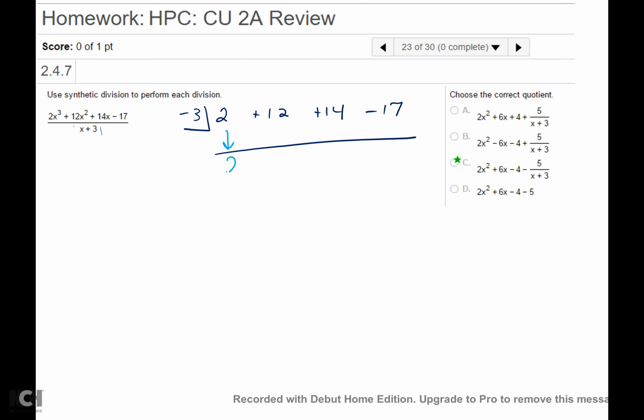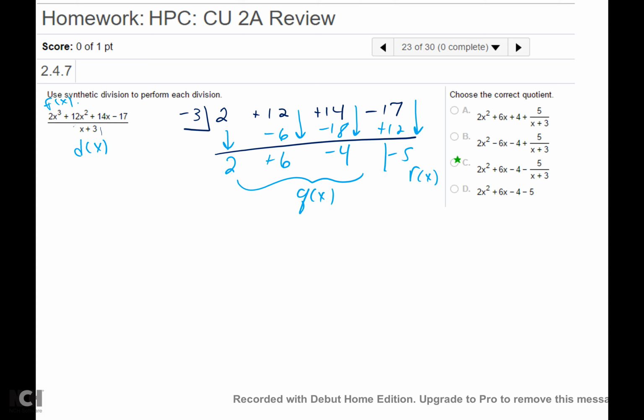So 2 comes out, times negative 3 is negative 6. 6 comes out, times negative 3 is negative 18. Negative 4 comes out, times negative 3 is positive 12, and negative 5 comes out. That's your remainder. This is your quotient. This is your divisor. This is your function.